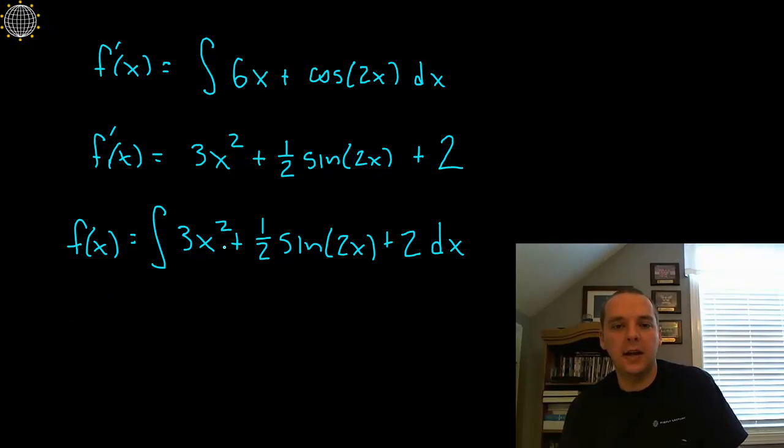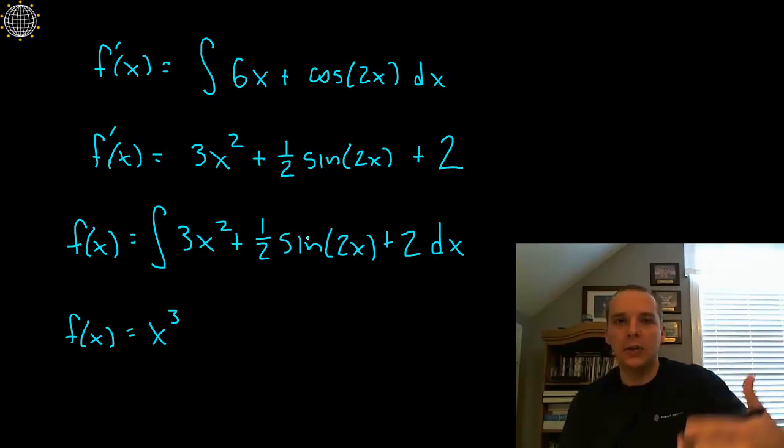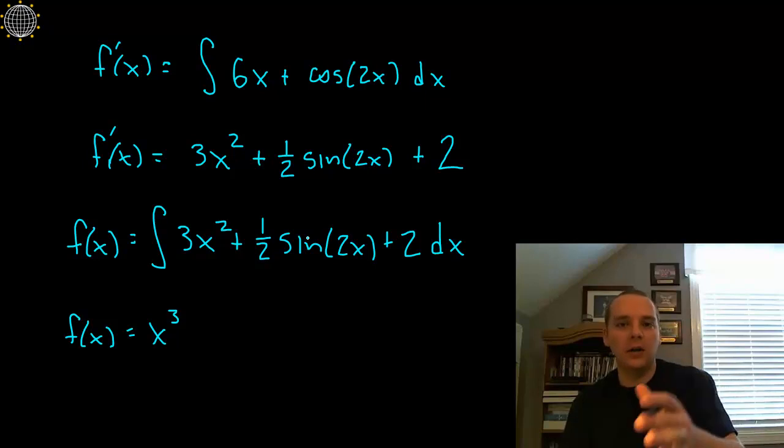So this guy's antiderivative would be f of x equals x cubed. Now this middle term is going to need that u substitution again, so depending on what order you're watching these videos, you need to go watch those first to see how to integrate this middle term.